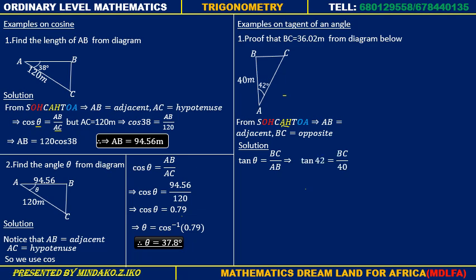So we substitute the values: theta is 42 degrees and AB is 40.